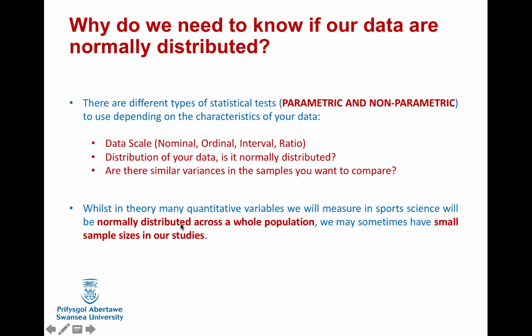And remember from lecture 1 we talked about the fact that the larger the sample size we have, the more likely it is that our data is going to be representative of that whole population. In this case, if we have small sample sizes, it might be that the sample we're dealing with is not normally distributed, just by random chance, even though the whole population is. So we always have to test the data that we've collected for our sample to check whether it's normally distributed or not.